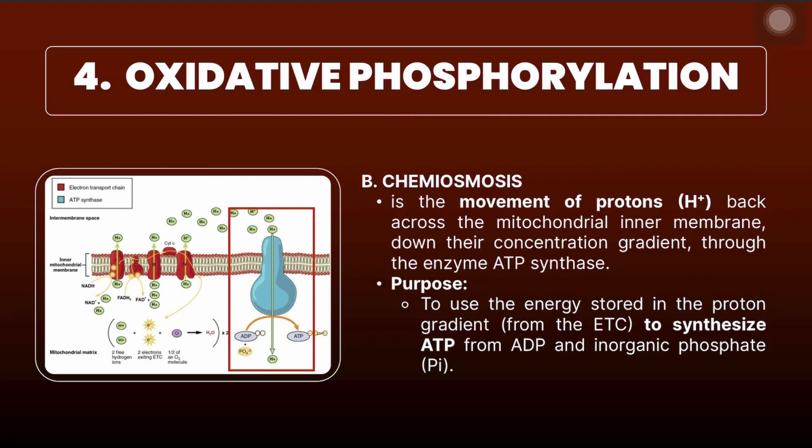That's the ATP synthase. So here, this is where the cell will finally produce most of its ATP, in this chemiosmosis.